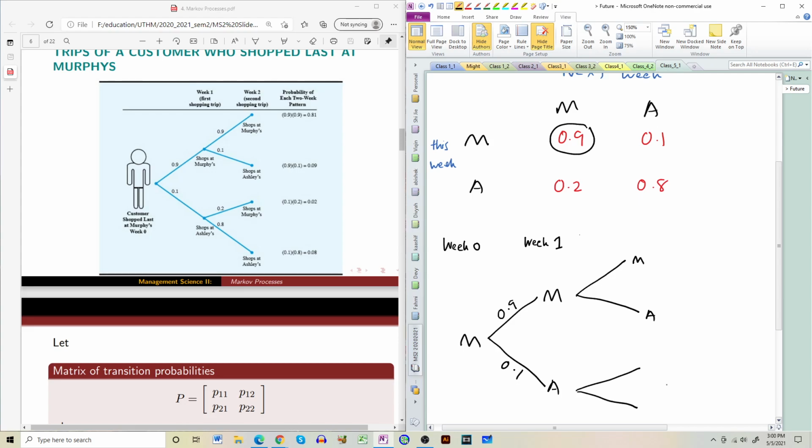In week 2, the tree diagram looks like this.